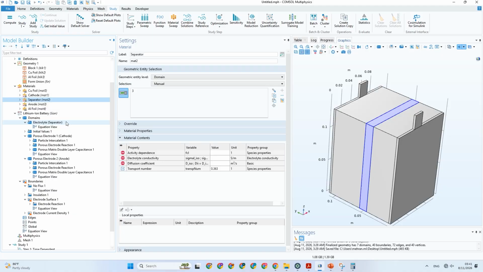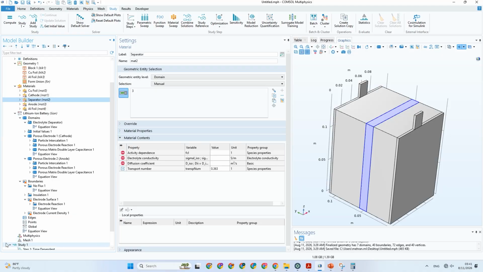Or maybe we could find it from materials. Maybe we can add from the material library.